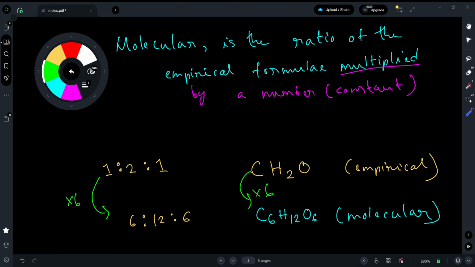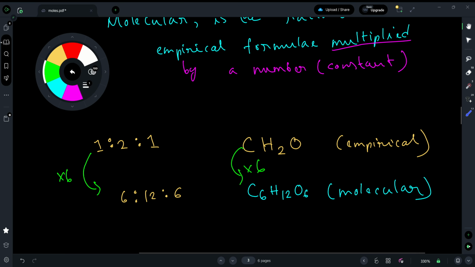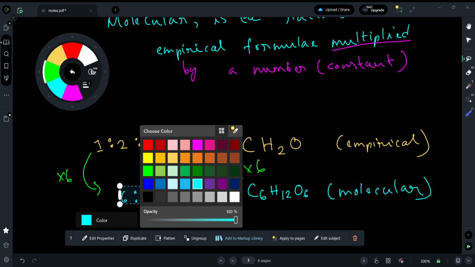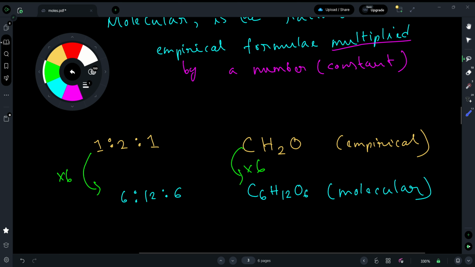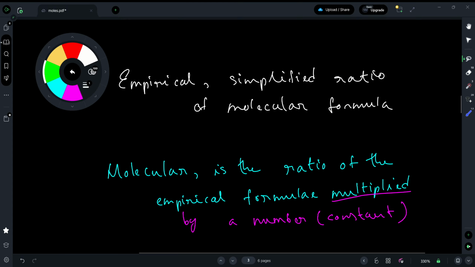So times 6, times 6. When I'm writing times 6 here, I'm just meaning that the ratio is multiplied by 6. Let me fix the color. Okay, cool. So that's empirical and molecular formula.